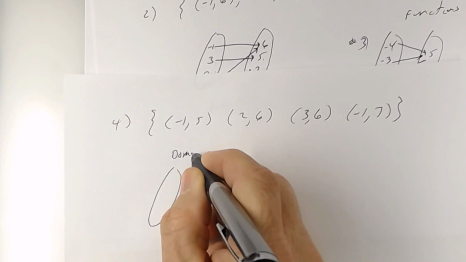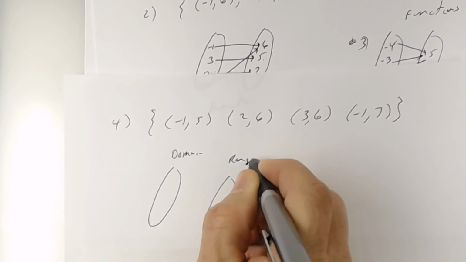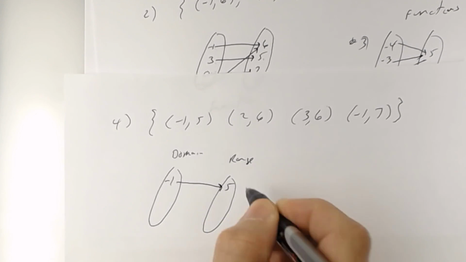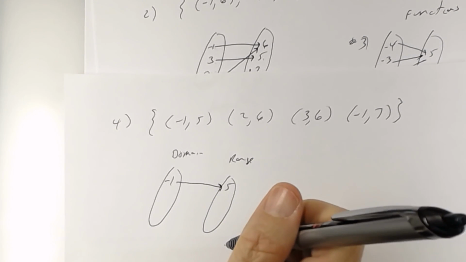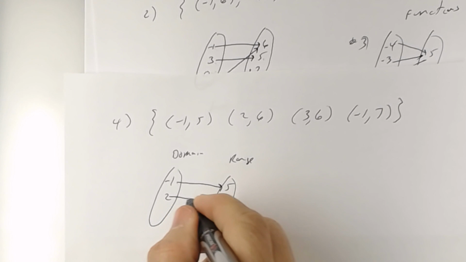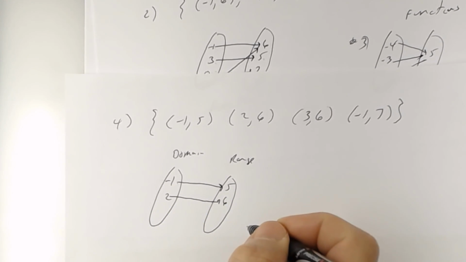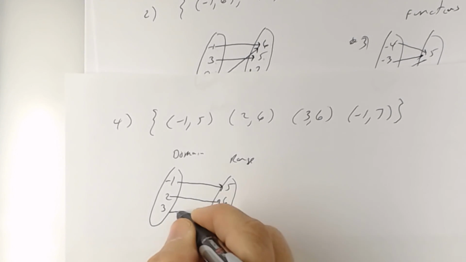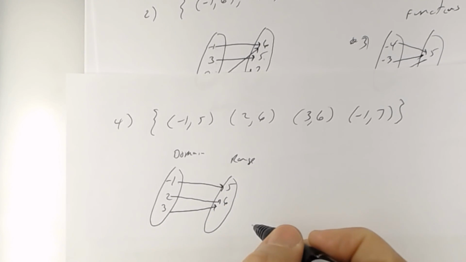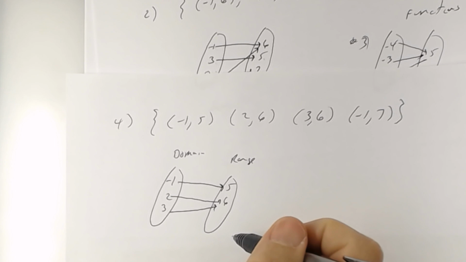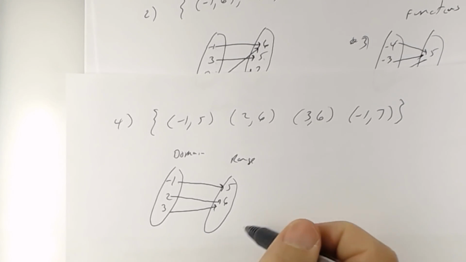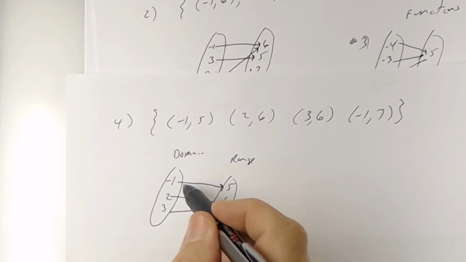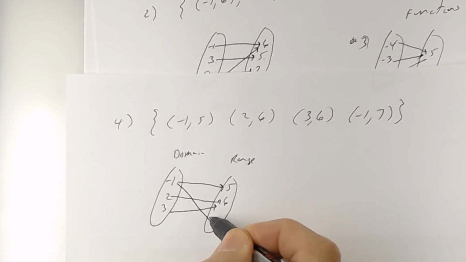Domain, range. When x is -1, what's my y value? 5. So far, we're good. When x is 2, what's my y value? So far, we're good. When x is 3, what's my y value? So far, we're good, right? I don't have an issue so far. When x is -1, I already have it listed. It's only listed once. When x is -1, what's my y value? 7.